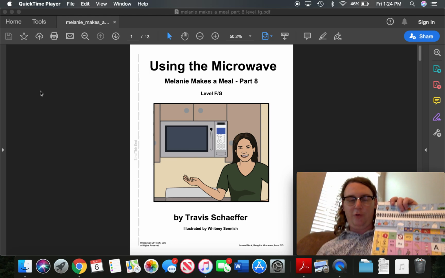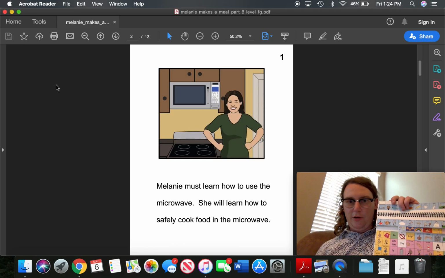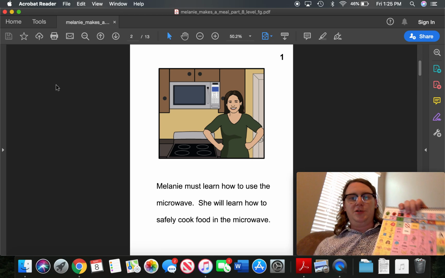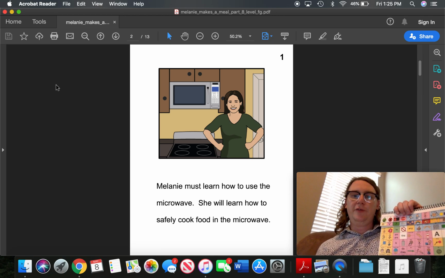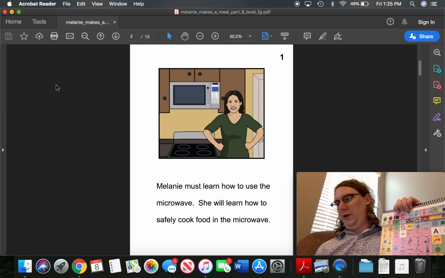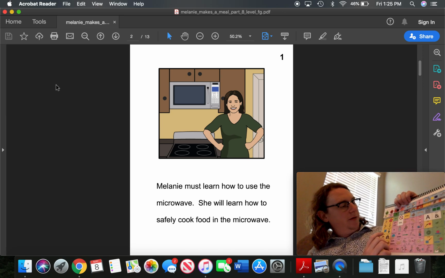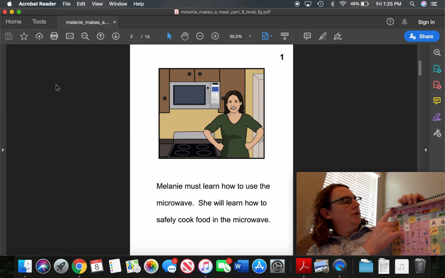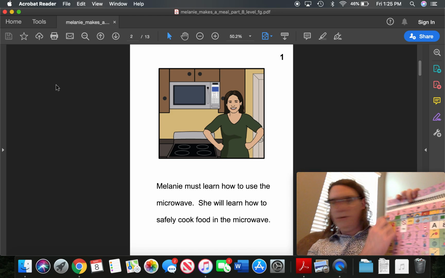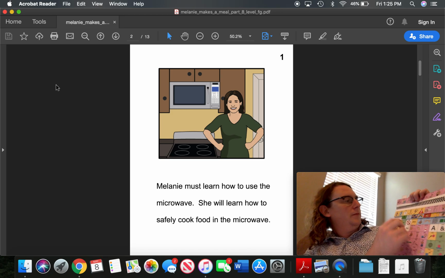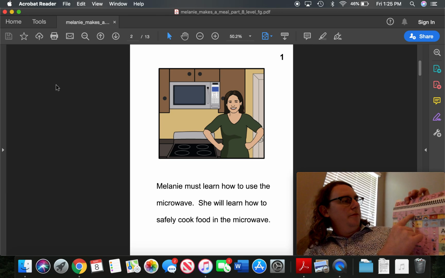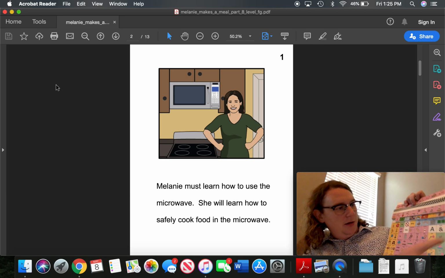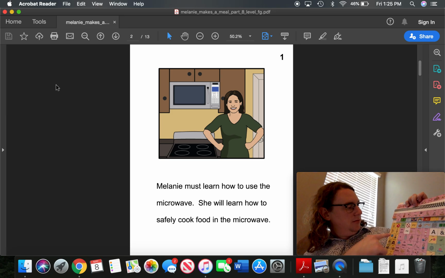So when we go to page 1, Melanie must learn how to use the microwave. She will learn how to safely cook food in the microwave. So I went with she will know how to make something in it.